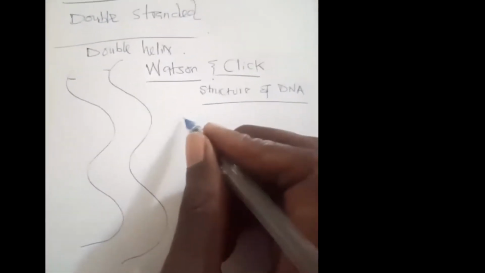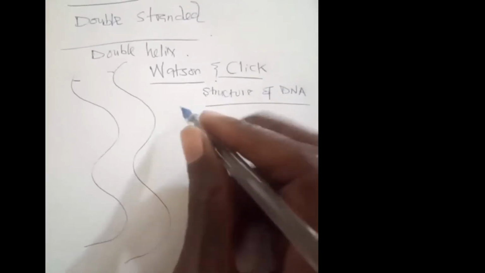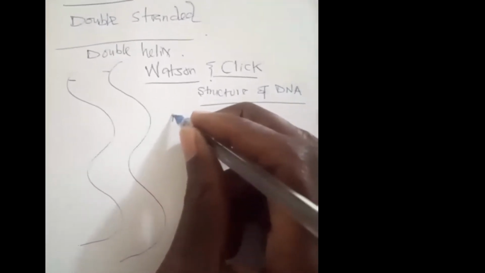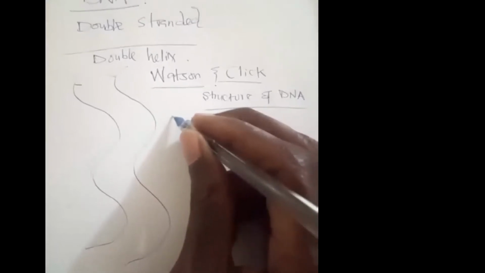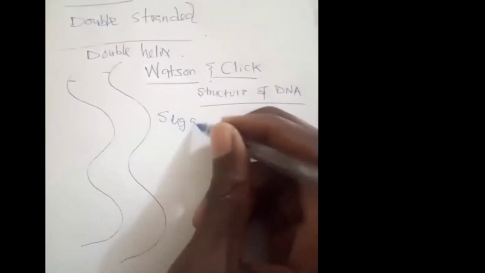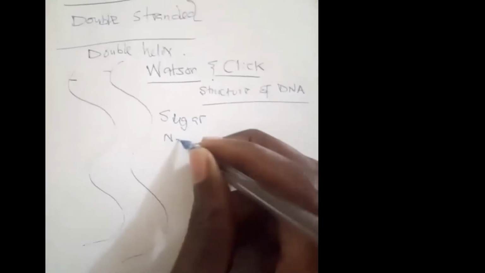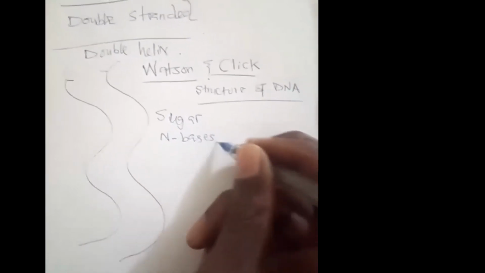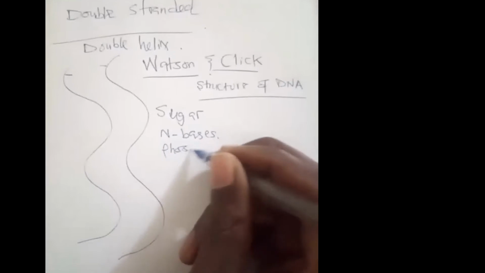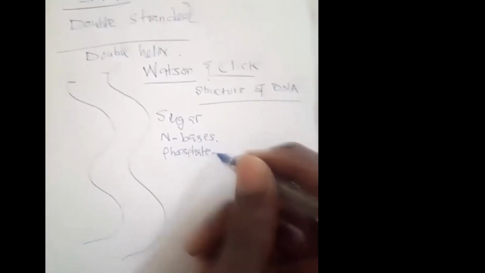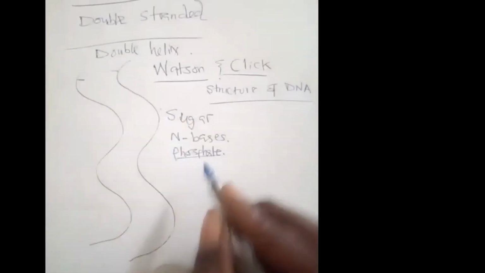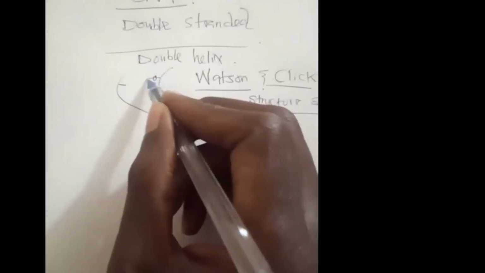Talking about the composition of DNA, we know that it's a polymer of nucleotides. So you've got a sugar, then nitrogenous bases, then a phosphate. Remember, the phosphate is forming the backbone. Then you've got the sugar.